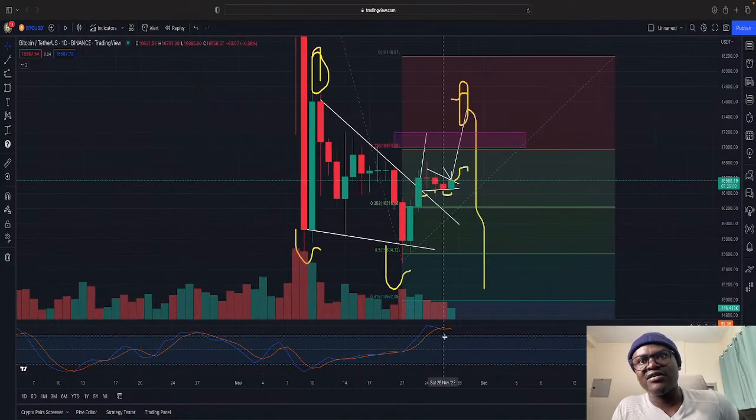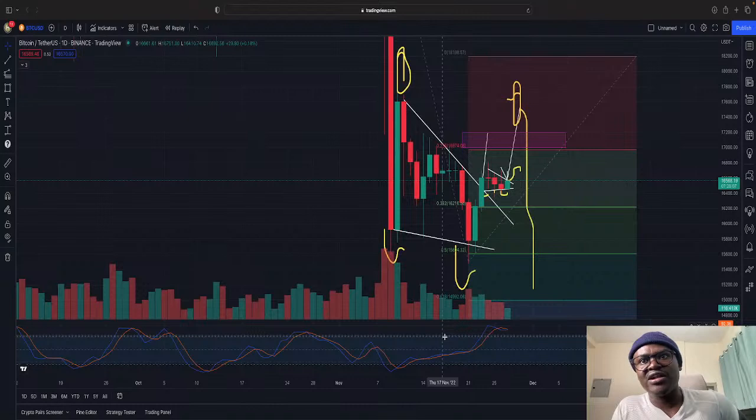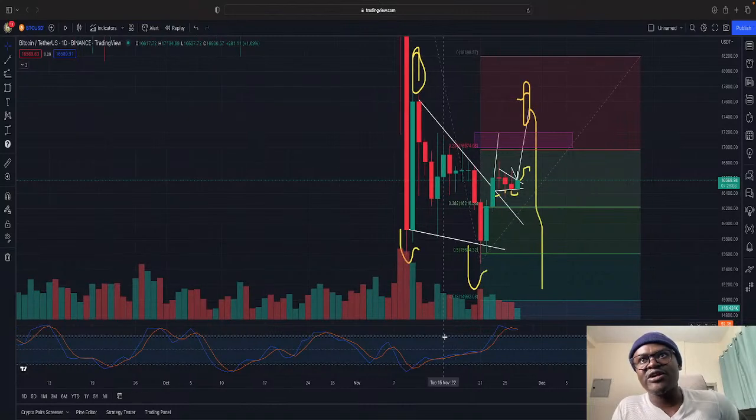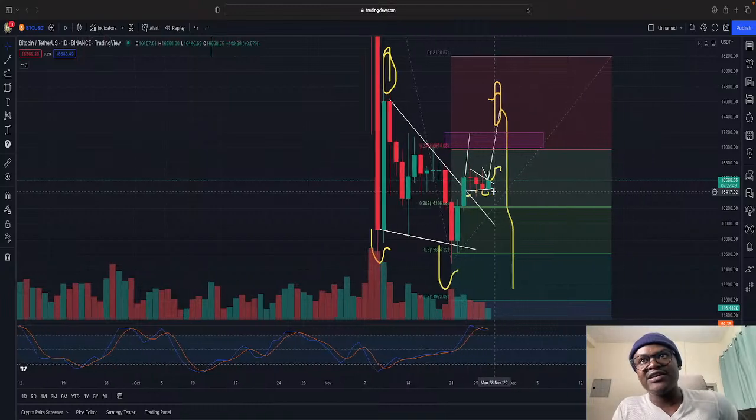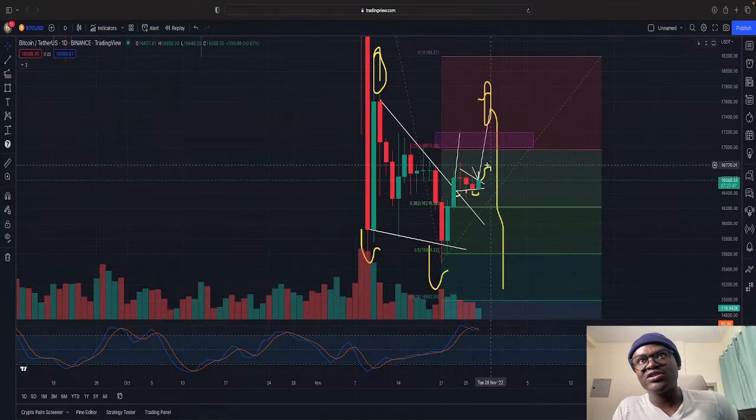However, the stochastic is well in the overvalued, so at any moment price can easily return back to the downside. The fact that it is still consolidating here shows that there is still some level of buyer strength in the market. So by that, I would expect that price goes up to here, which will be the target of the descending wedge down here.